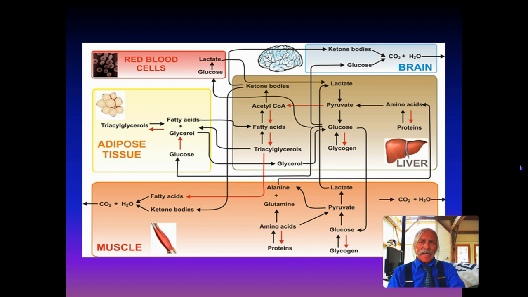The body has to integrate bioenergetics in the liver, in the kidney, in the brain, in the heart muscle, in the skeletal muscle, in the small intestine, in the large intestine, in the lungs, all the time, 24/7, all the way from conception to death. Okay? So there's always communication.